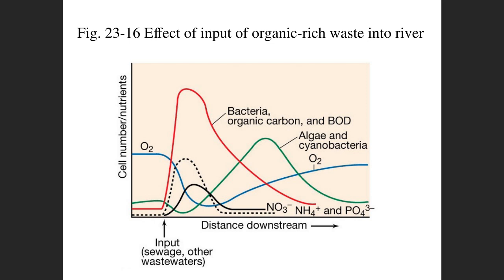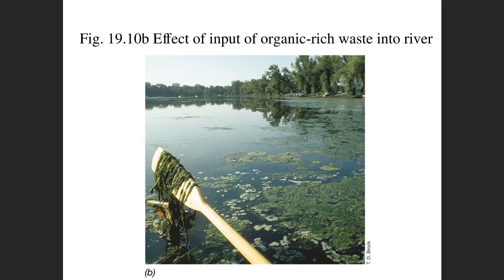So that's why, if you have a long river and just a few people live next to the river and the sewage gets in, the river can purify, because of the microbes in there, and the water is still clean. However, if you have too many people dumping sewage into it, then this river becomes this.